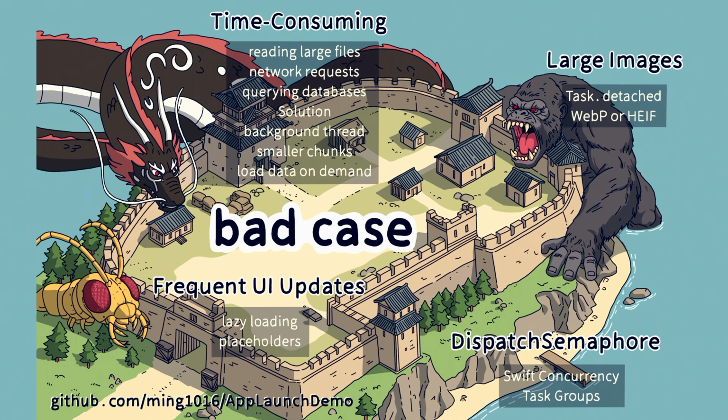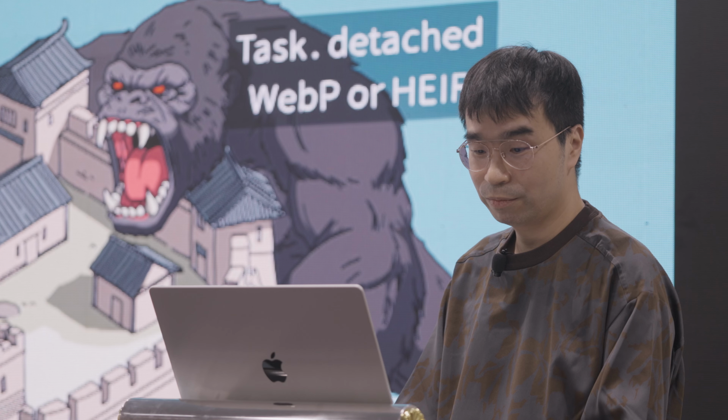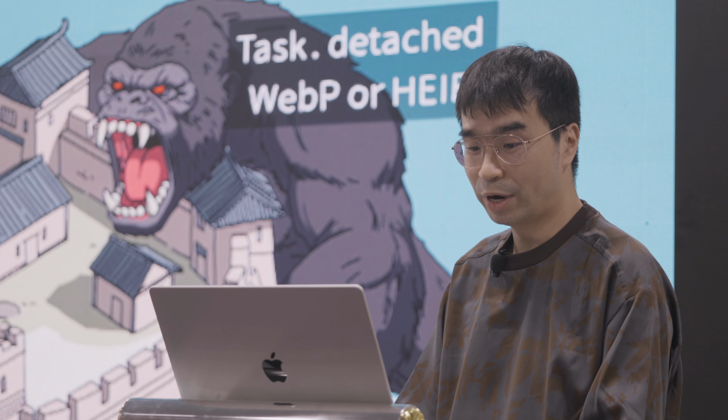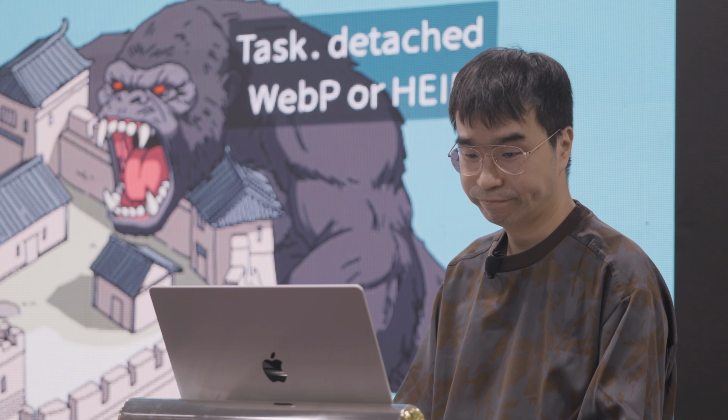You can assign, load, and decode large images using Swift concurrency, or use a more optimized format to reduce I/O and memory usage. The third issue is frequent UI updates. The solution is to use lazy loading to only update the UI visible on the screen, and use default placeholders for UI elements off screen.